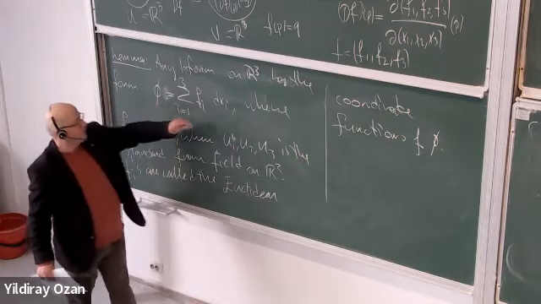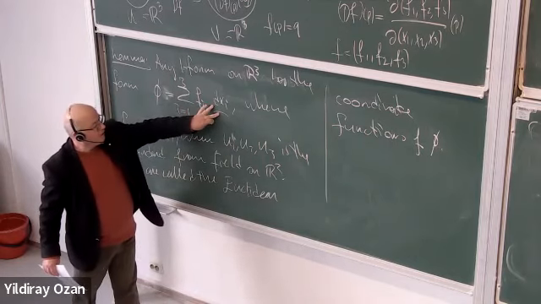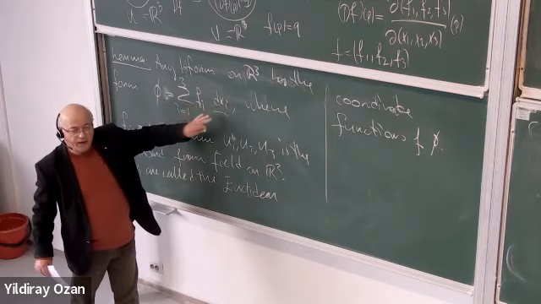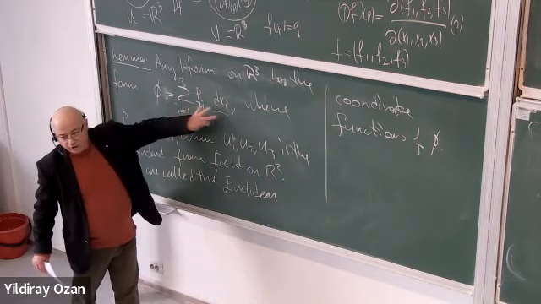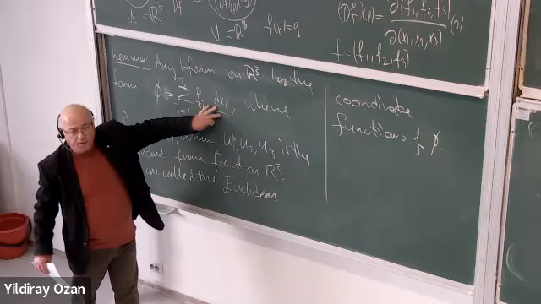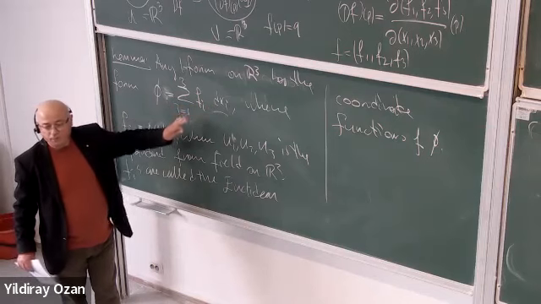Any one form is actually, point-wise, a linear combination of the three one forms, dx, dy, dz, okay? You just take some functions, multiply these functions by these coordinate one forms, and take the sum. And we claim that any one form has this form, okay?